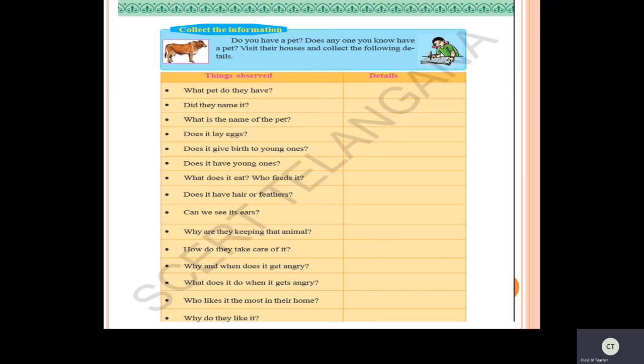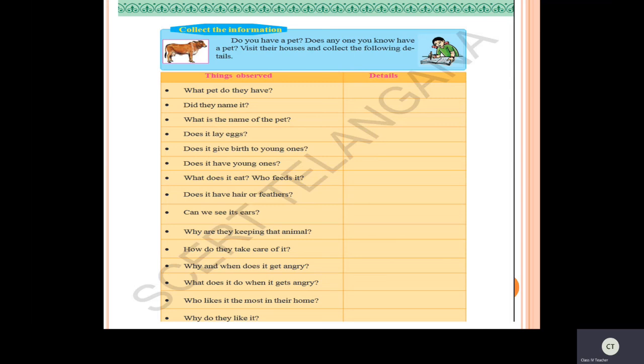Yes. Now, all these questions you ask your friends, and also write down what kind of pet animal it is. See children, this activity is mainly to understand whether animals are oviparous or viviparous.